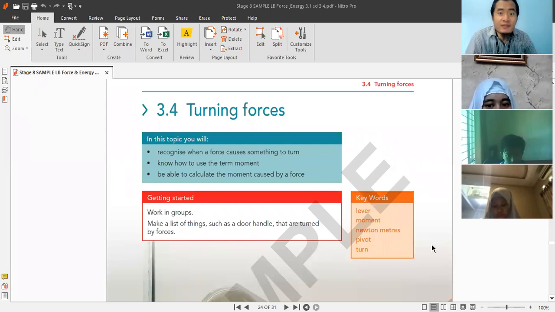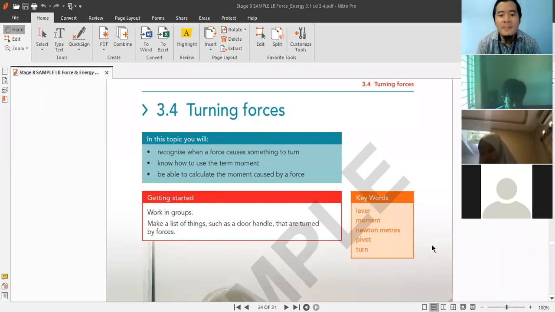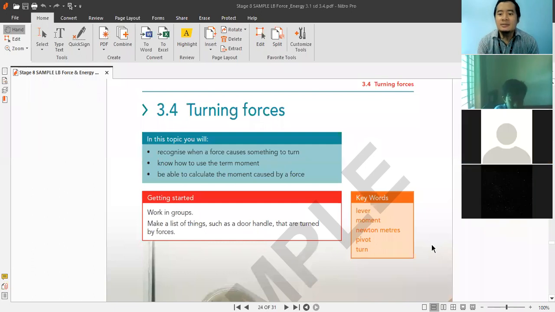We discuss turning forces, and in this topic, you will recognize when a force causes something to turn, then know how to use the term moment, and then be able to calculate the moment caused by a force. We will not work in groups, we just discuss. The keywords are lever, moment, Newton meters, pivot, and turn.